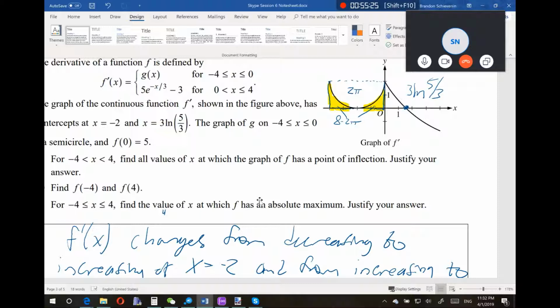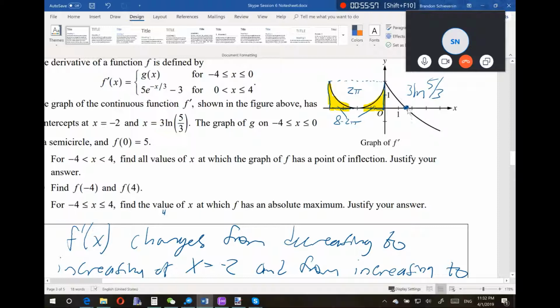Okay, if I'm looking for absolute maximum, let's get the relative maximum first. So, which point is the relative maximum? Negative 2 or 3 ln 5/3? The second one, 3 ln 5/3. That means we were increasing because f prime is positive from our start point to 3 ln 5/3, and then we were decreasing after that.